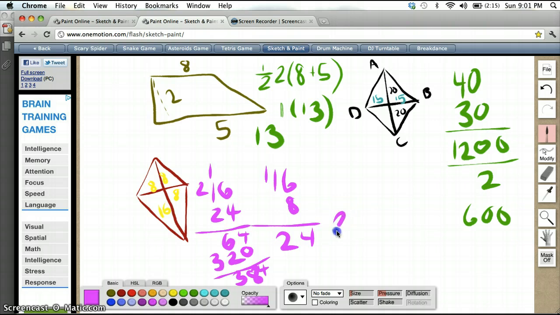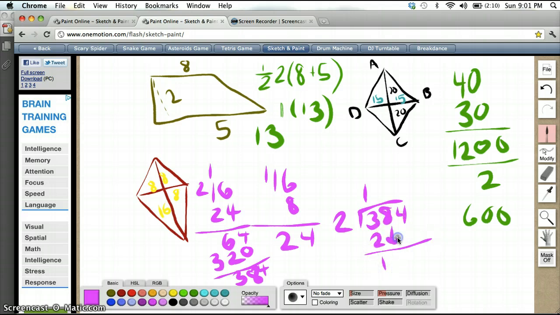Now remember, you have to take half of that. So 384 divided by 2, because your formula is 1/2 diameter 1 times diameter 2. We multiplied diameter 1 times diameter 2, and now we need to take half of it. So 2 goes into 3 once. 3 minus 2 is 1.